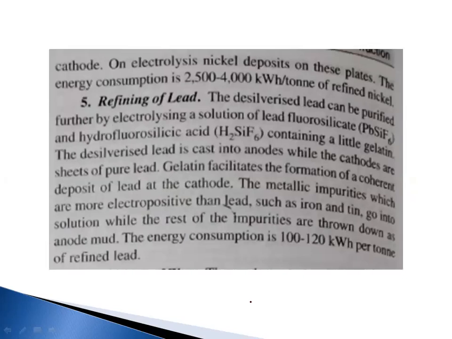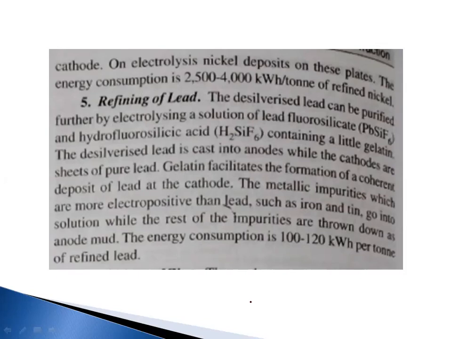Fifth, refining of lead. The desilvered lead can be purified further by electrolysis. A solution of lead fluorosilicate, PbSiF6, or hydrofluorosilicic acid, that is H2SiF6, containing a little gelatin is used. The desilvered lead is cast into anodes, while the cathodes are sheets of pure lead, and gelatin facilitates the formation of coherent deposit of lead at the cathode.